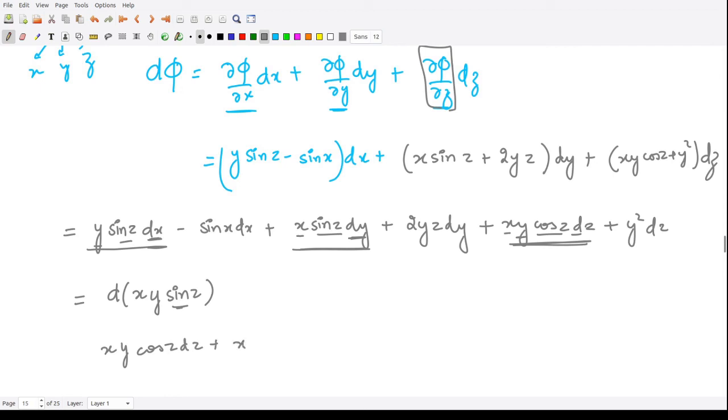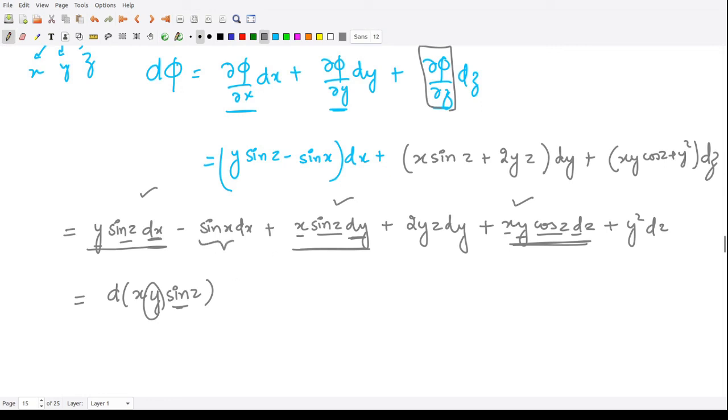Then x as such, the derivative of y would be dy, sin z as such, plus the derivative of x would be dx, y and sin z as such. So these are these three terms only. So you understood my point? This is how you make complete derivatives by inspection. Now we have to look for the other terms.